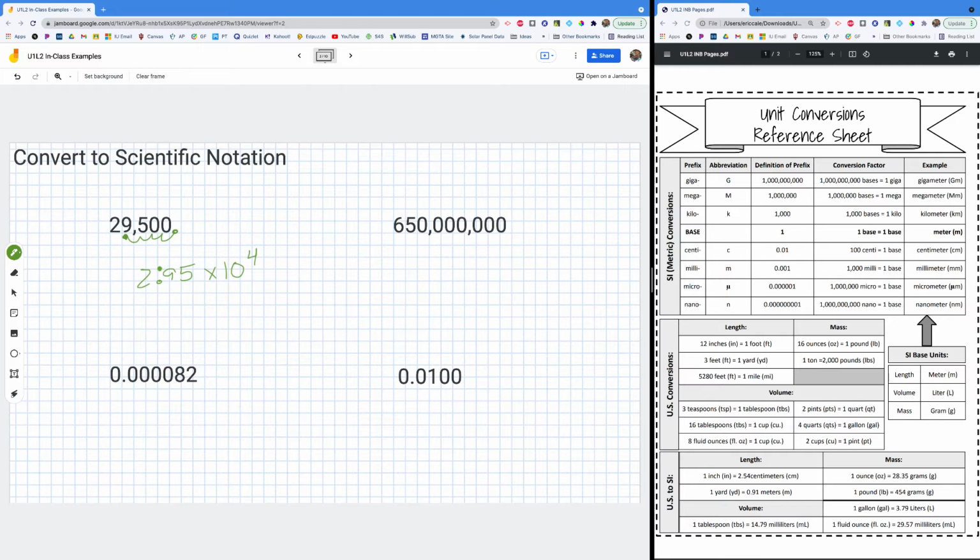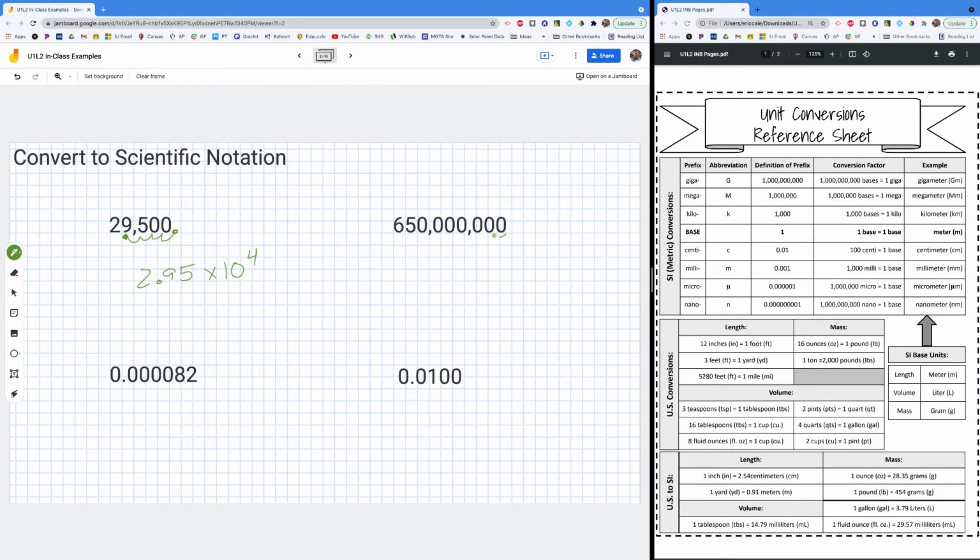Is it positive or negative 4? Here's the trick. Positive exponents on the 10 means it's a really big number, or it's a number bigger than 1. Negatives mean it's a decimal, number smaller than 1. So if we have a positive exponent, that means the number is bigger than 1, so we're going to leave this positive. 2.95 times 10 to the positive 4 is what we'd call that.